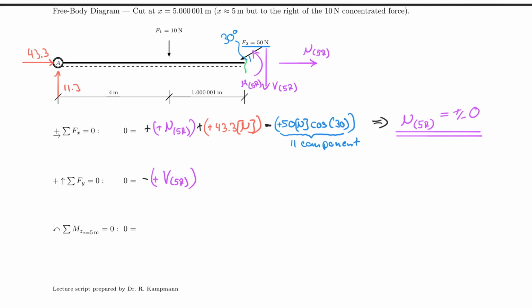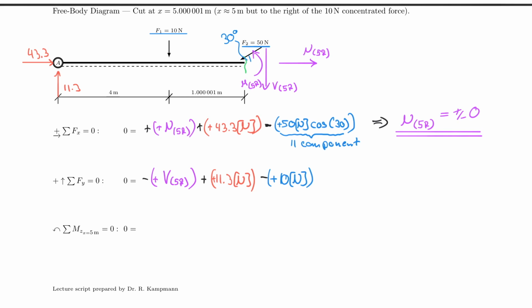All right, now I bring in my 11.3, so 11.3 Newton, and that has also a sense, and that is by definition positive, but it's pointing upwards, therefore it's also positive. Now I need to indicate my 10 Newton here, so I have plus 10 Newton, but that 10 Newton is pointing down, therefore it's negative.